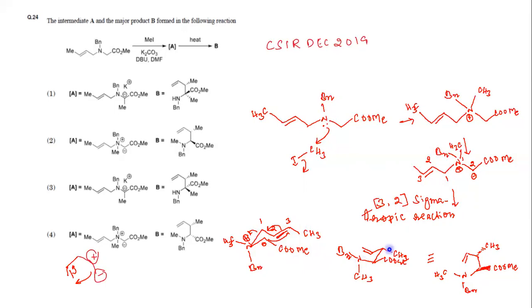Again, in this case, the COMe group is arranged in an approximately equatorial position, and we have CH3 also equatorially down. This is equatorially down, this is equatorially up. So the product will be, this will be down, this will be up, and this matches with option 2. This N-methylation followed by enolate or anion generation, and that would again go through a 3,2 sigmatropic rearrangement reaction, gives this product.